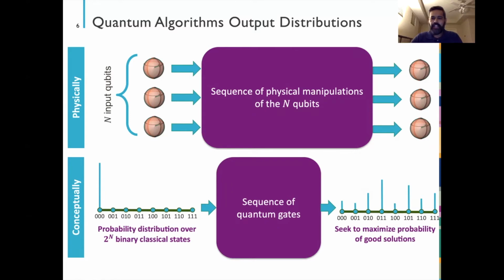There's an issue that these gates have to be efficient, so they usually only operate on 2 qubits at a time. However, at the end, we want to produce a distribution, at least for optimization, where the probability of seeing good, feasible solutions is high. And so this is the idea. When I say quantum state, I really just mean a unit vector in a 2 to the n dimensional complex space.